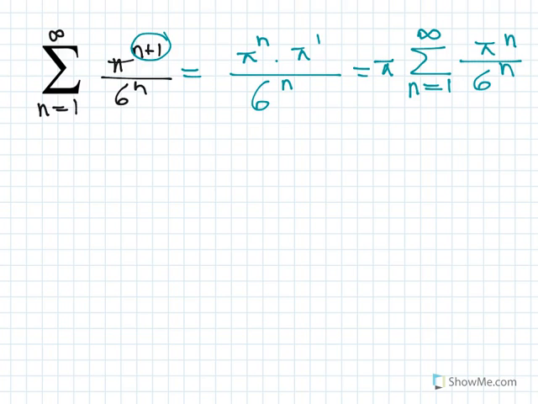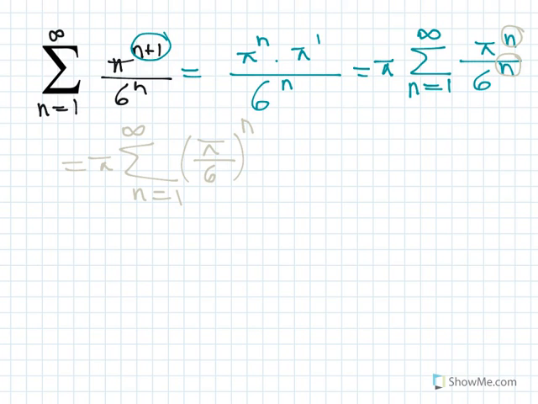So what you can do is combine them because both of them are to the power n, so it can look something like this: the sum from n equals 1 to infinity of pi over 6, all to the power n. That is the same thing, because when you raise it to the power n, pi is raised to the power n and 6 is raised to the power n, so technically you didn't do anything wrong.